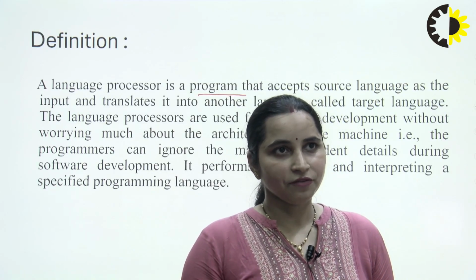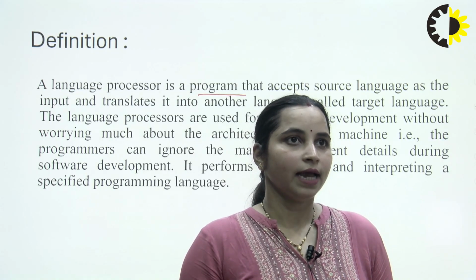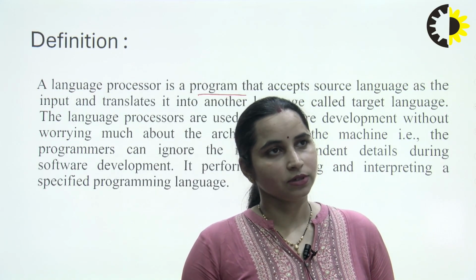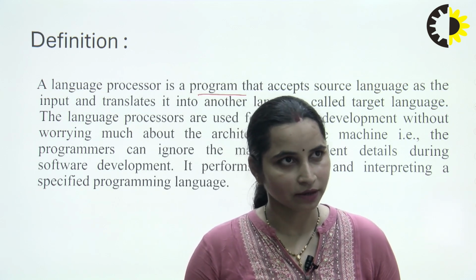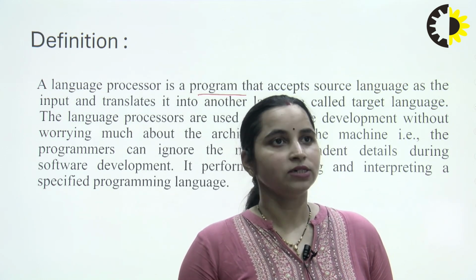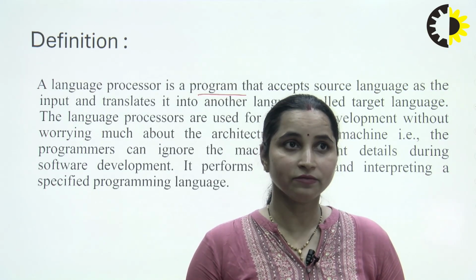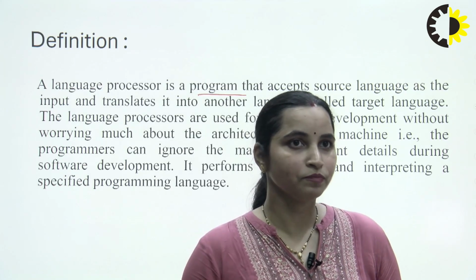Each and every program which we write is the source program. The language processor's work is to accept that source language as an input and translate it into the target language. And what is that target language? That target language is understandable to the machine.